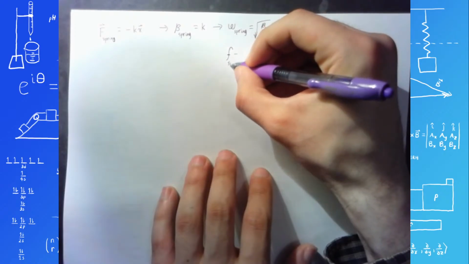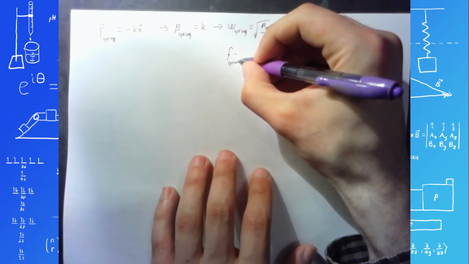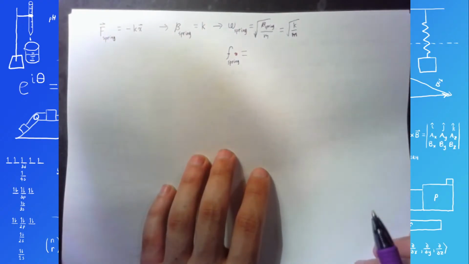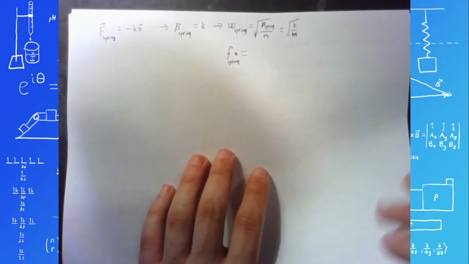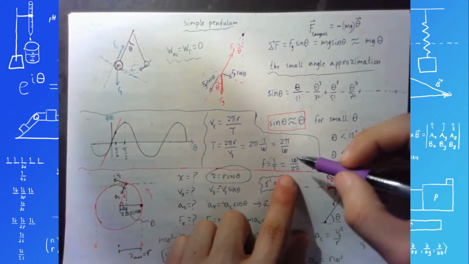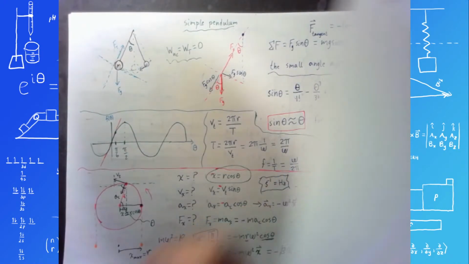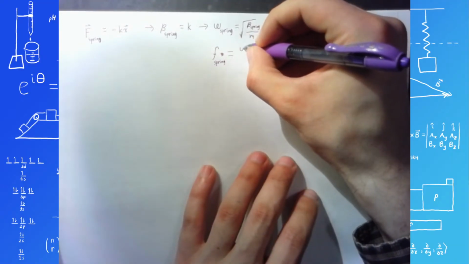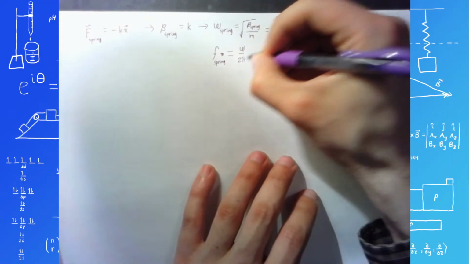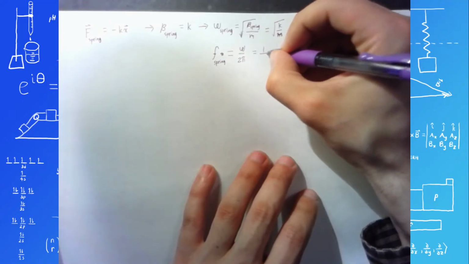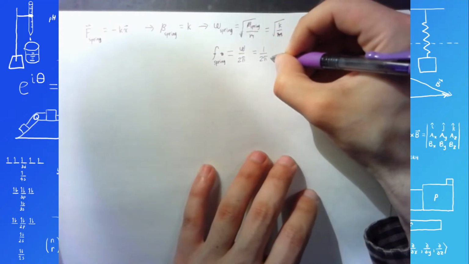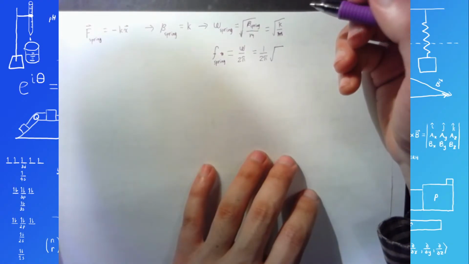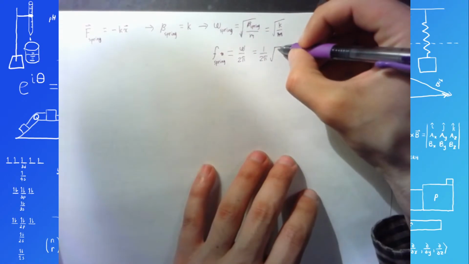Frequency for a mass spring system is equal to omega over 2 pi, which is equal to 1 over 2 pi times the square root of, let's see, omega was equal to the square root of k over m.